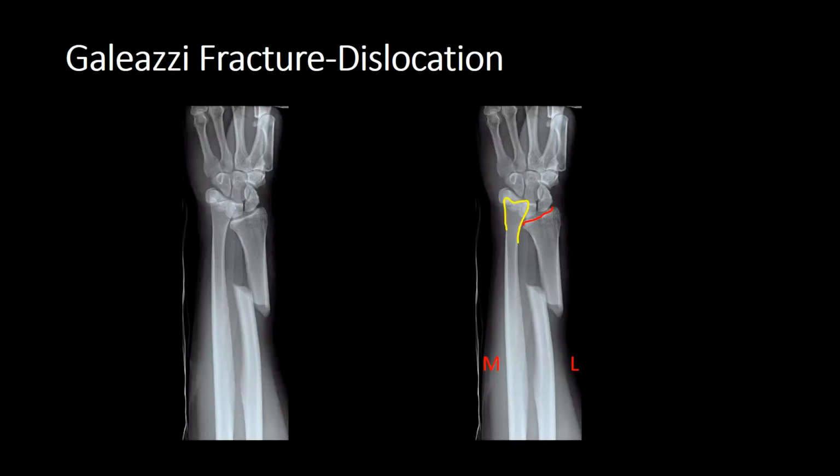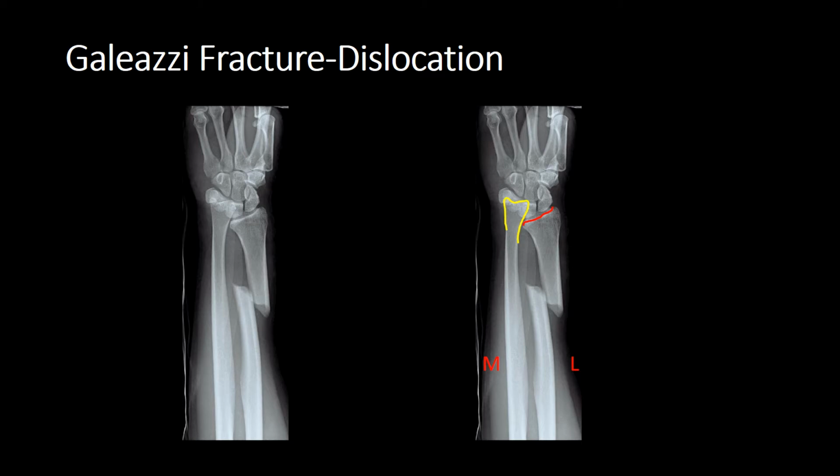A Galeazzi fracture dislocation is a fracture of the distal radius with dislocation of the distal radial ulnar joint. In order for the DRUJ to dislocate, there has to be marked displacement of the radial fracture.